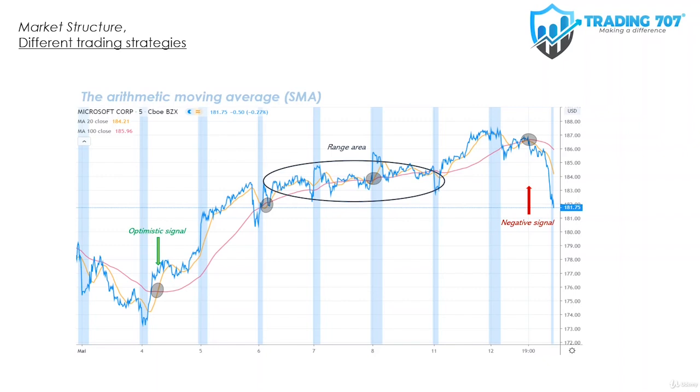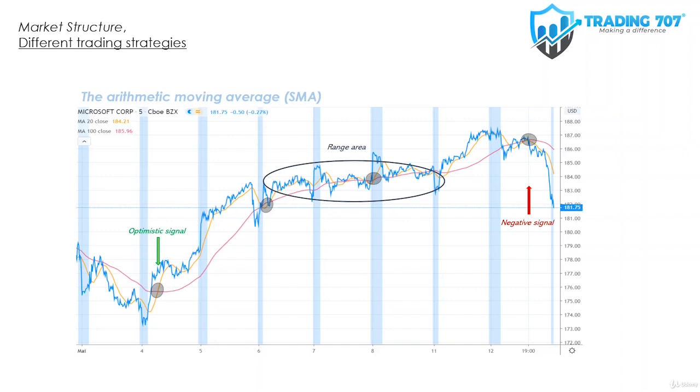We can also see that the three curves are logically aligned. Firstly, the share price, then the short-term moving average, and finally, the long-term moving average. We can see that this optimistic signal is confirmed by an increasing trend until the next signal on May 6.